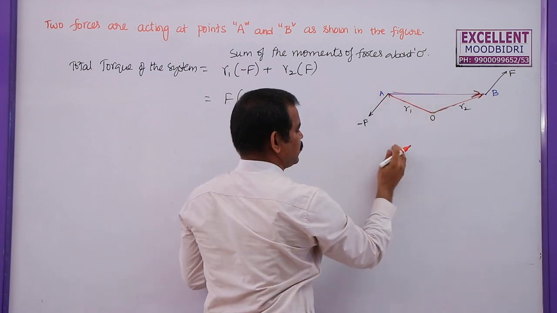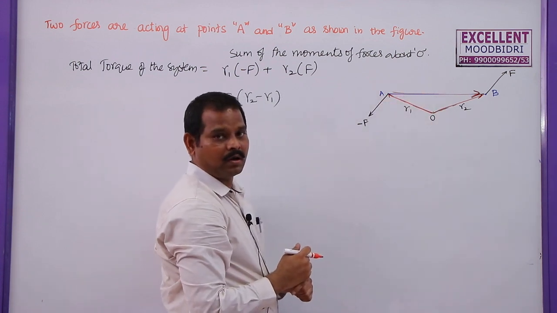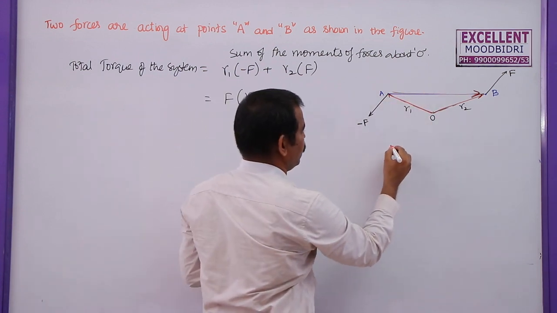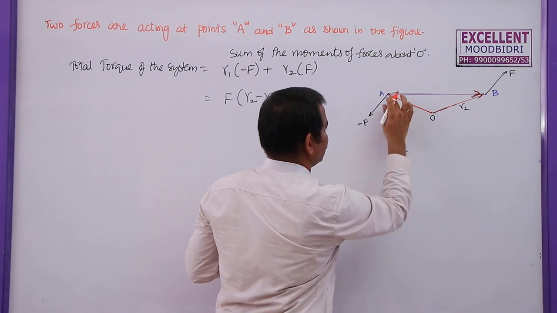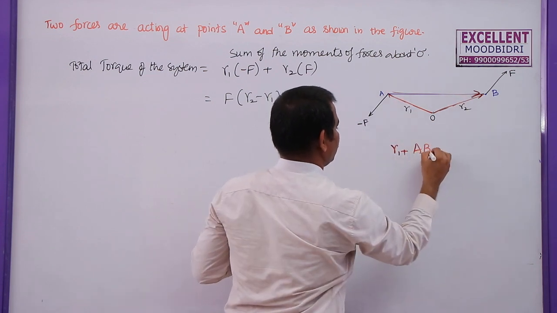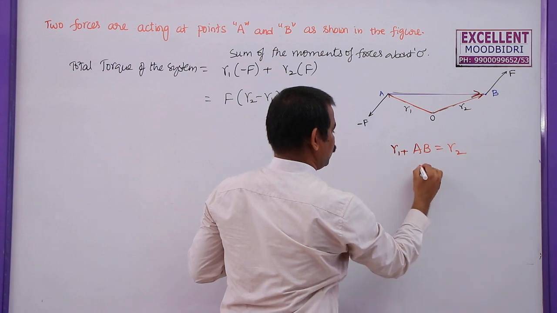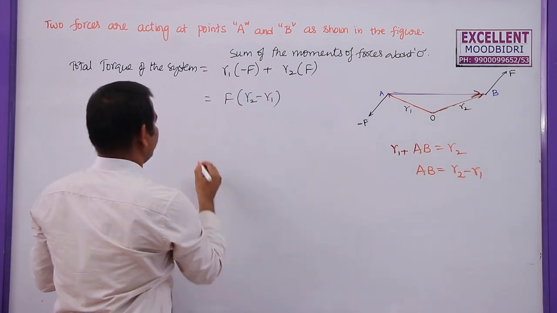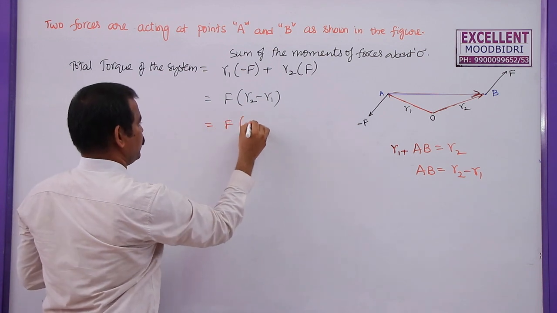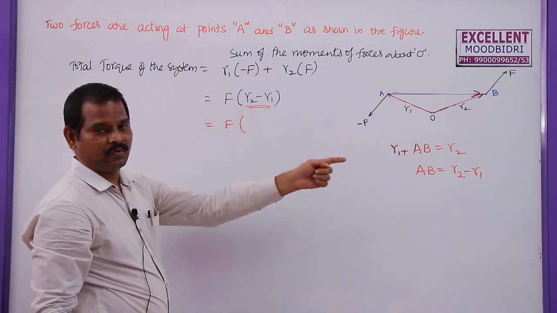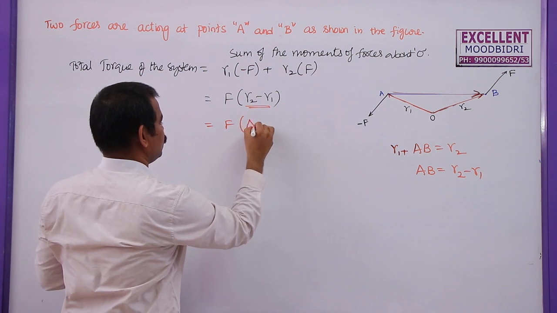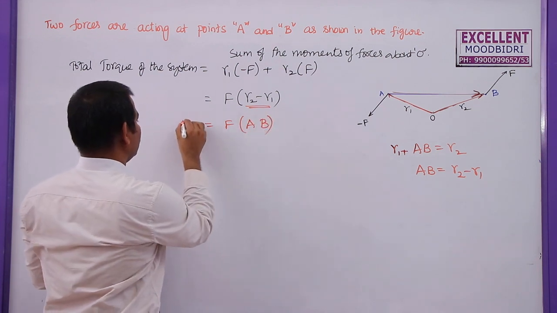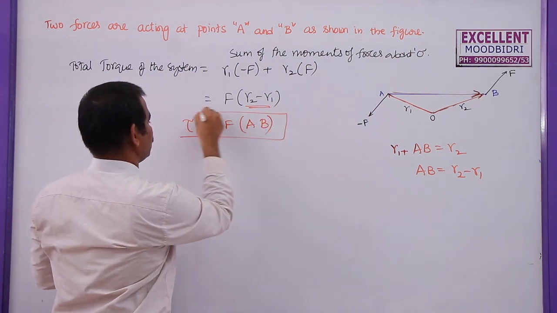As three vectors are taken in the form of a triangle, according to the triangle law of vector addition, R1 plus AB is equal to R2. So, AB is R2 minus R1. So, you can write F into R2 minus R1, which is nothing but the distance between the two points, AB. This is the torque in this case.